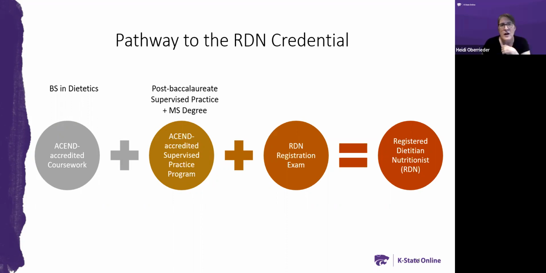I teach the careers class, the first class you'll take, and I give you the tools to research programs, because my goal is that by the time you get close to applying, you have a list of 10 that you like. You're not going to apply to all 10, maybe you apply to 4, but you've already done that research.